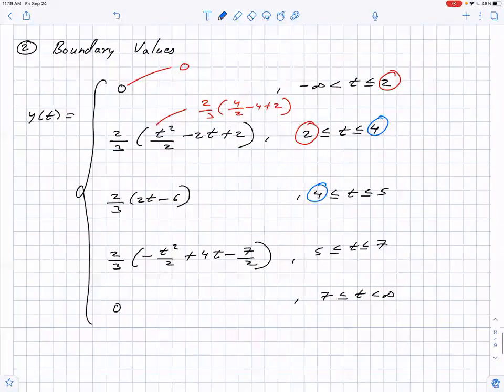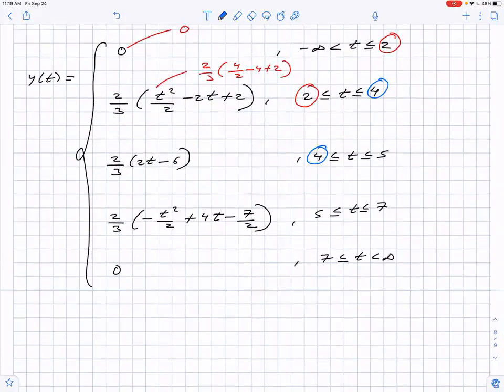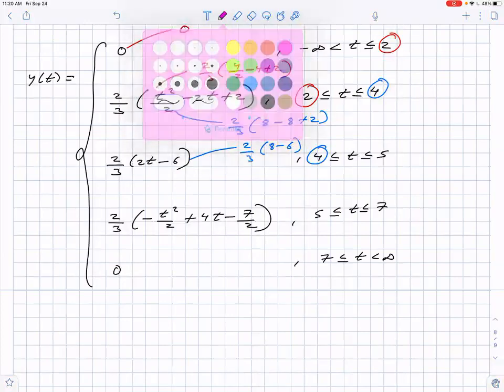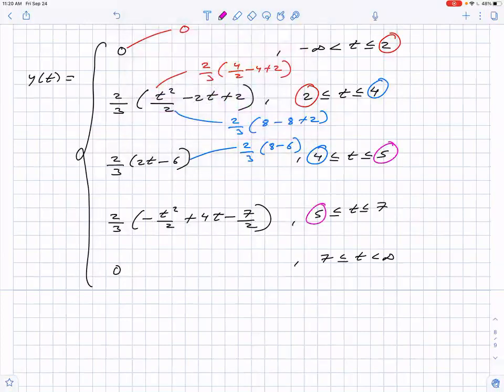The second one is 4. If we evaluate the second row at t equals 4, we get 16 by 2, 8 plus 2. And using this row, we're going to get 2 by 3, 8 minus 6. So we have a match again. Let's try 5. Using the third expression for 5, we get 10 minus 6.